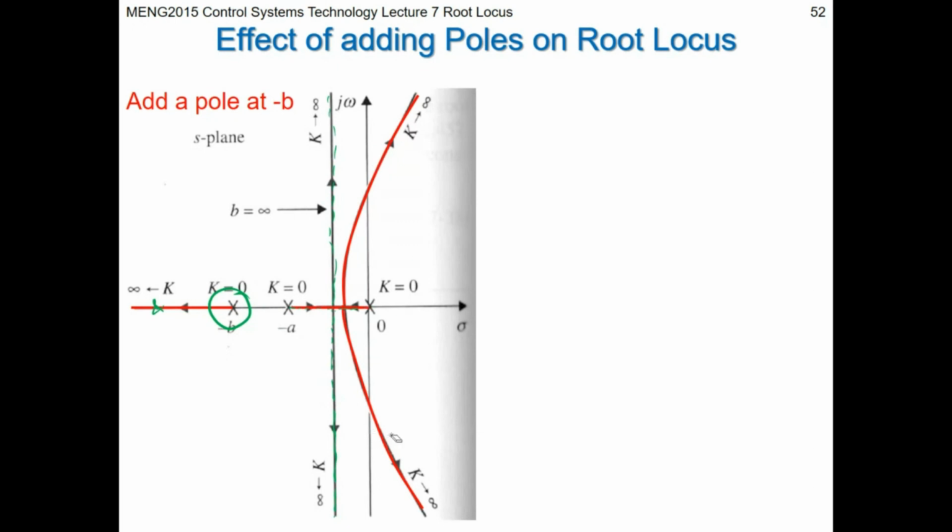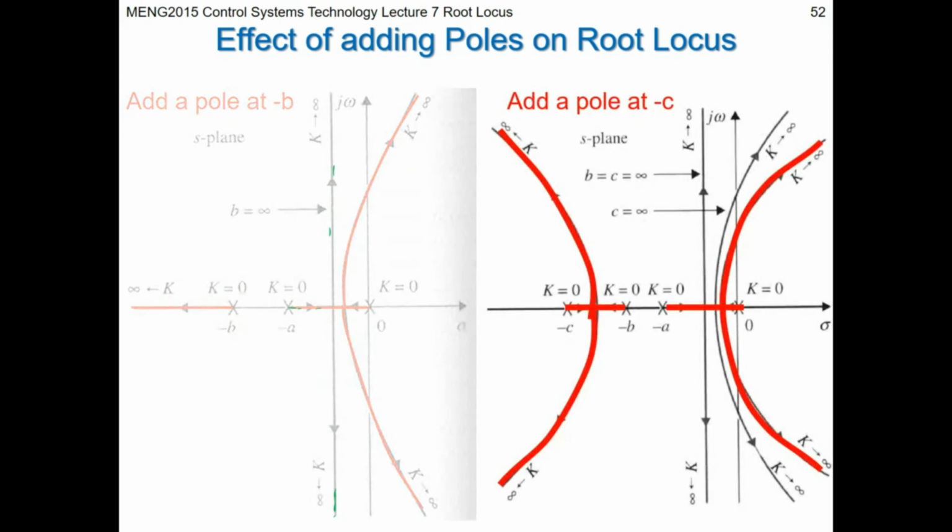Okay, so we have this setup for this first modification of adding a pole at minus b. But now I'm going to add another pole, and this one's going to be at minus c. Remember, we originally started with these 2 poles, the one at the origin and minus a, but we've since added b, and now we're adding c as well, a pole at minus c.